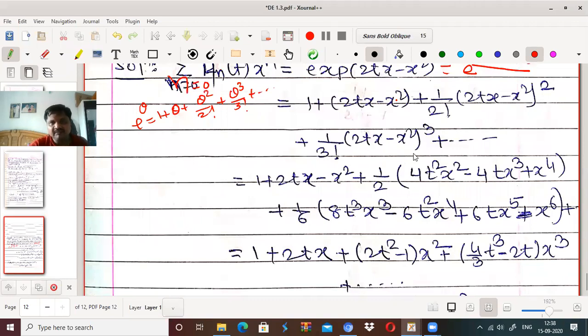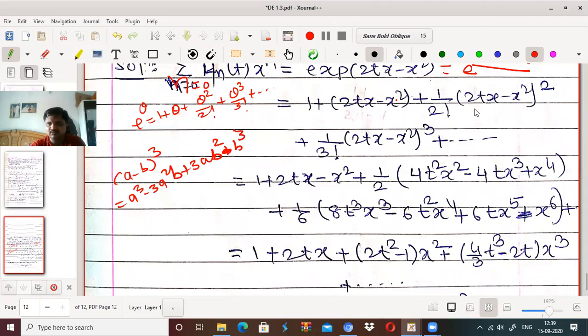Why? We want to take a minus b cube. What is the formula for a minus b cube? You know the formula for a minus b cube. What is it? a cube minus 3a square b plus 3ab square minus b cube. Using this formula, the first term cube, that is (2tx) cube is 8 into t cube into x cube, minus 3 times the first term's square, second as it is.